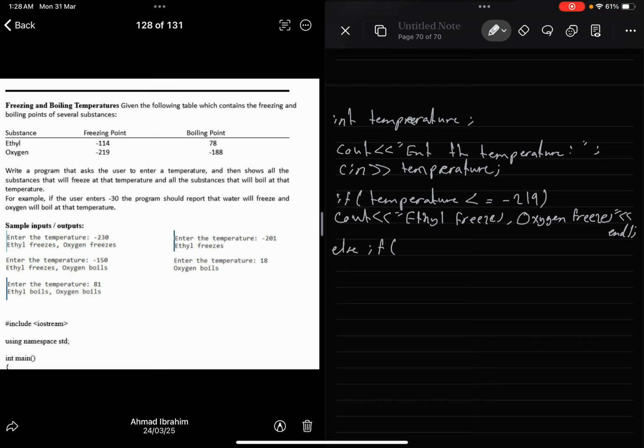Else if here temperature less than negative 188, so cout ethyl freezes.